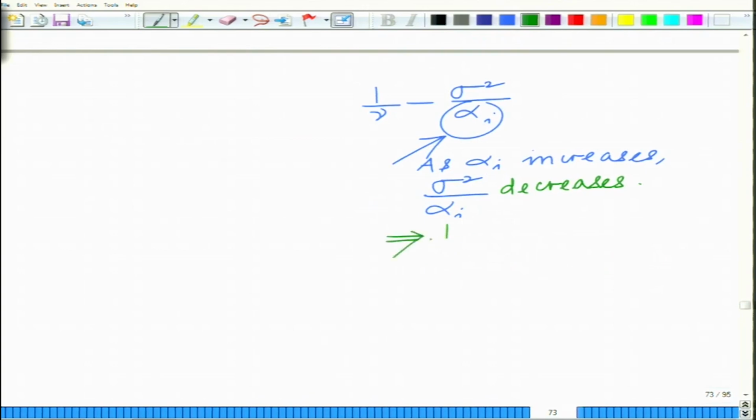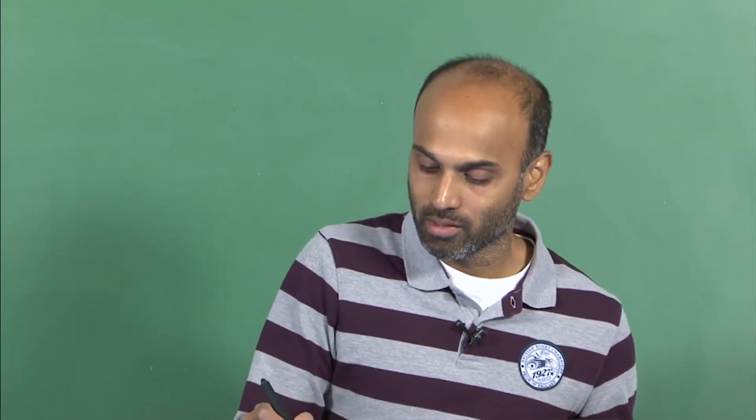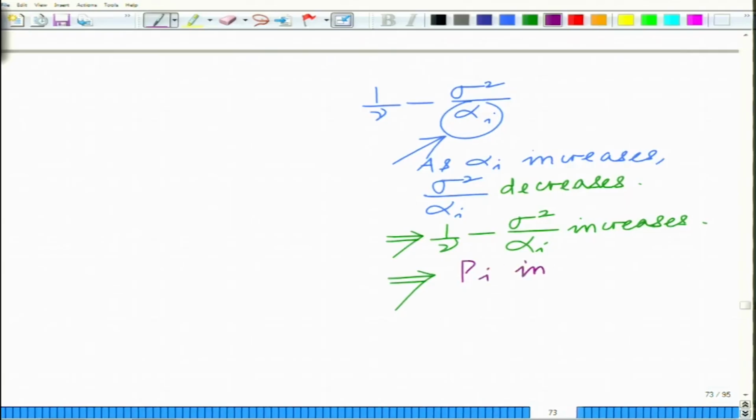This implies 1 over nu minus sigma square by alpha I increases, implies that as alpha increases, the power Pi increases. Alright. So, more power is allocated to the stronger channel, which implies Pi increases, which implies more power is allocated to the stronger channel.